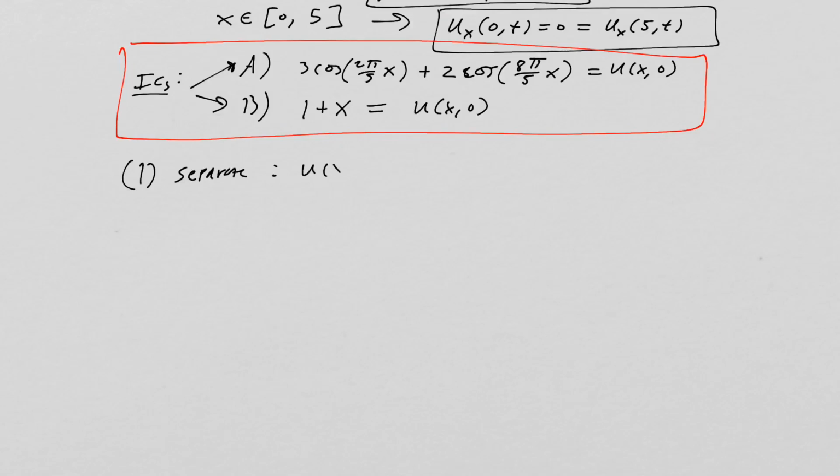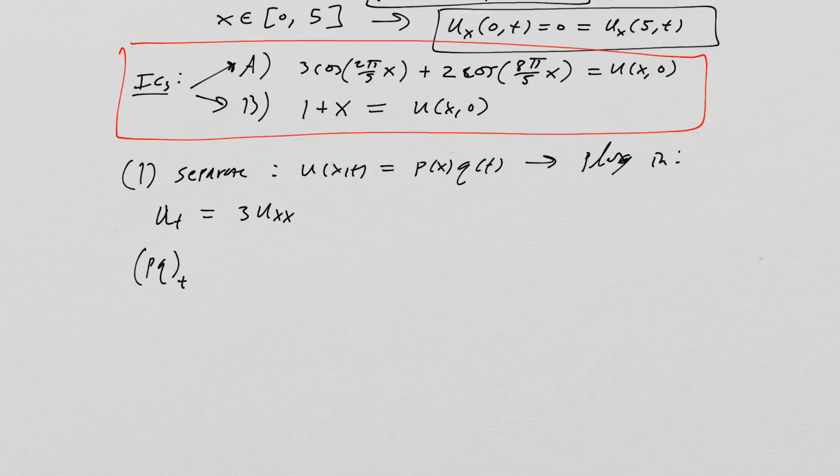So we're going to take u(x, t) and set it equal to p(x) times q(t), and then plug in. In this case, u_t is equal to 3 u_xx. That becomes p times the time derivative of q, equal to 3 times q times the space derivative of p.